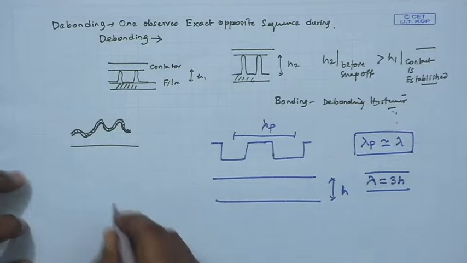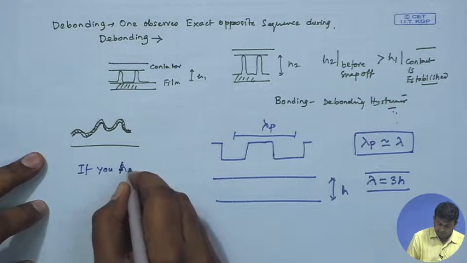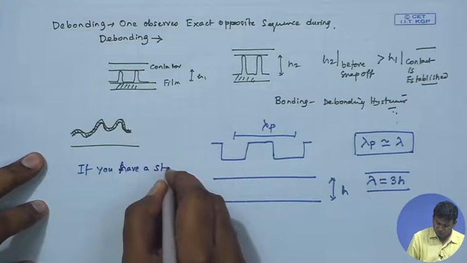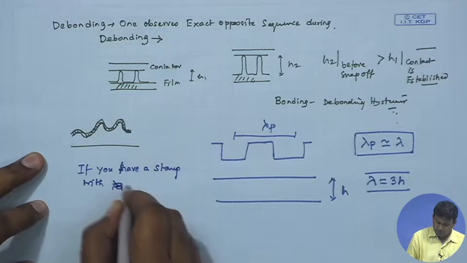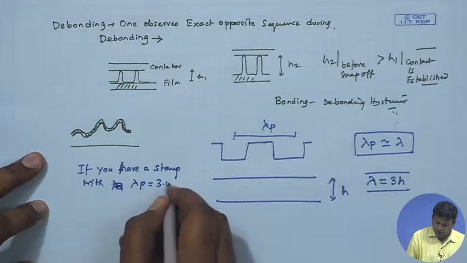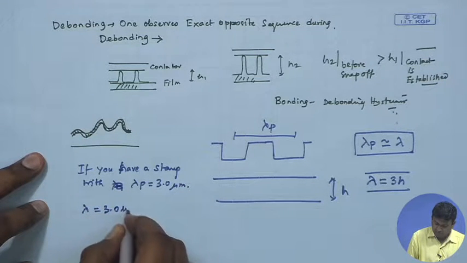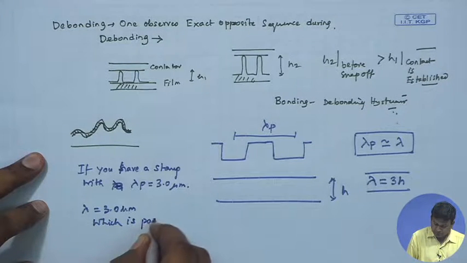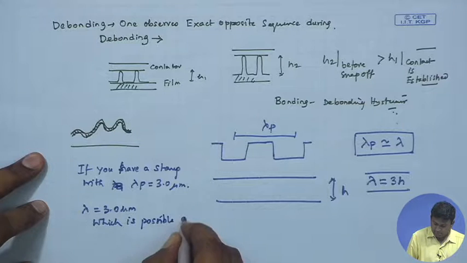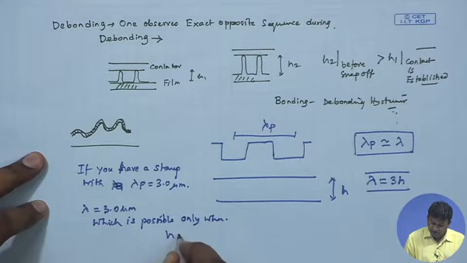In other words, if you have a stamp with lambda p equal to 3 micron, your film must have lambda equal to 3 micron, which is possible only when h is of the order of 1 micron.